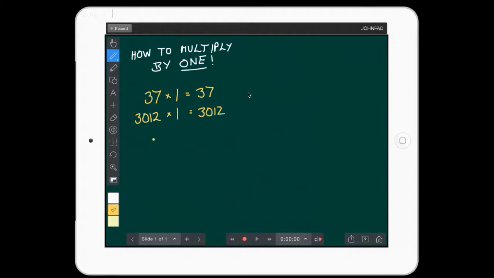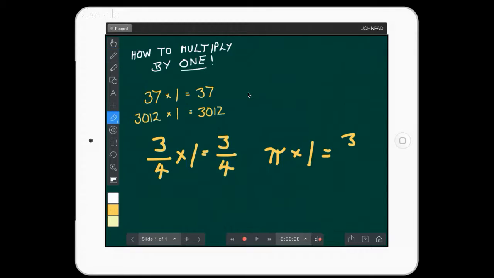If I take 3/4 and multiply by 1, what do you think I get? 3/4. If I take pi and multiply by 1, I'm going to say I get 3/4. Let's not do that. I get pi.